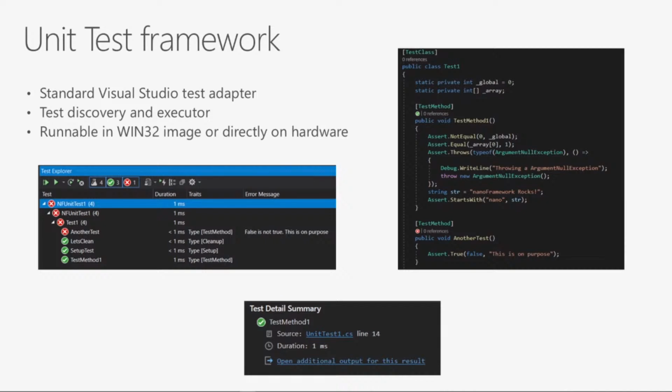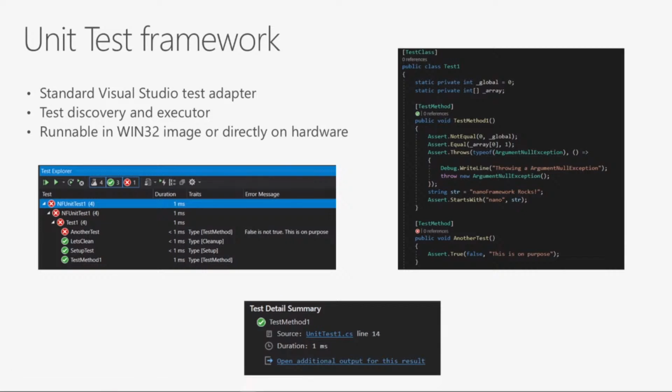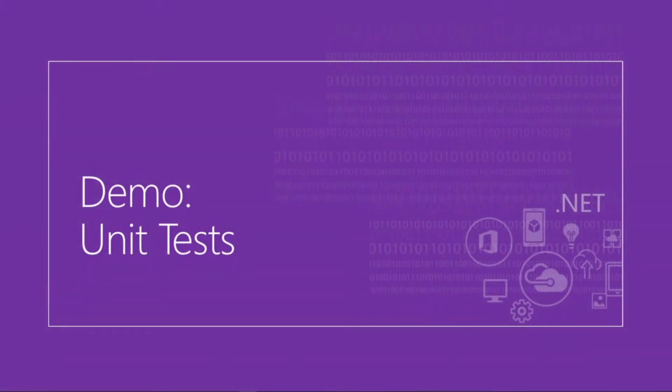So this is one step closer to having integration tests for your devices and your applications, which is also something very cool, and that's not available on the other platforms which are equivalent to this one. So I'm going to show you the unit test framework in action.